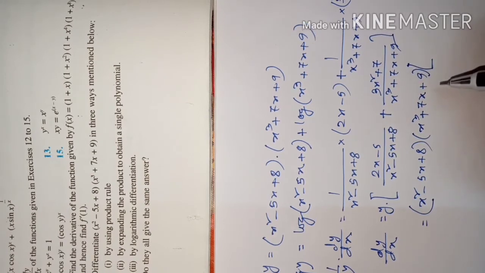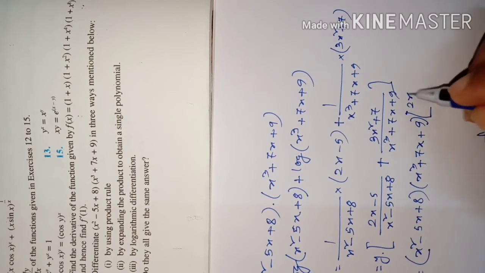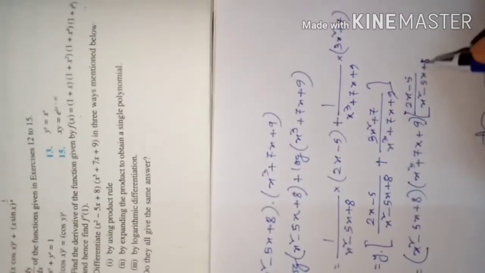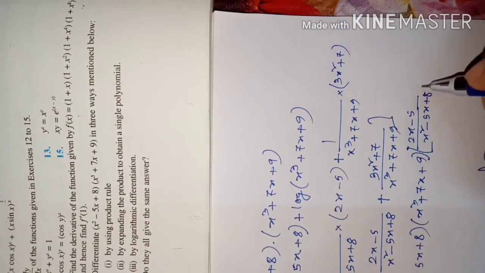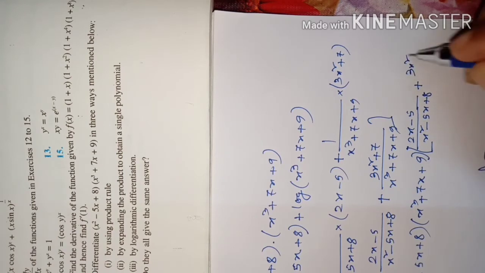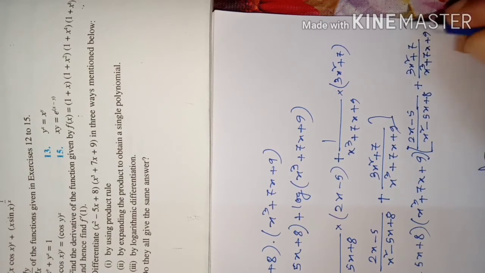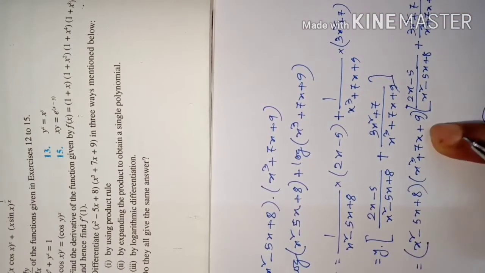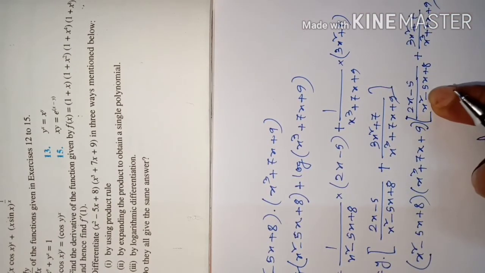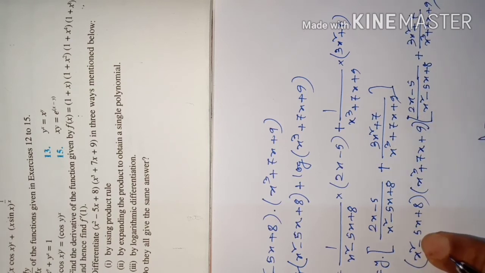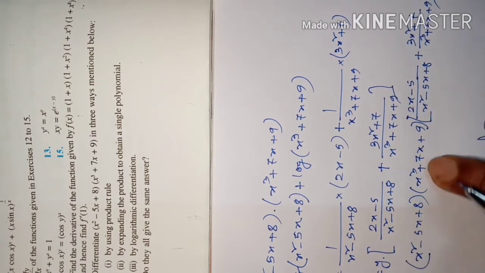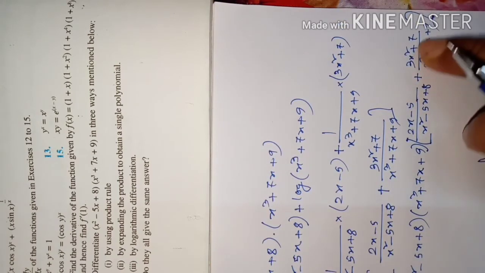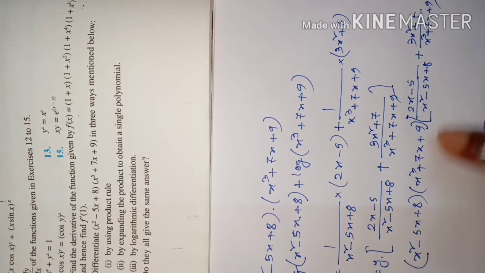Inside bracket we have twice x minus 5 by x square minus 5x plus 8 plus thrice x square plus 7 by x cube plus 7x plus 9. Now when we multiply over this bracket, this will get cancelled because it is getting cancelled with this one. With that, this twice x minus 5 will get multiplied with this one, and here 3x square plus 7 will get multiplied with this one because it will get cancelled here.